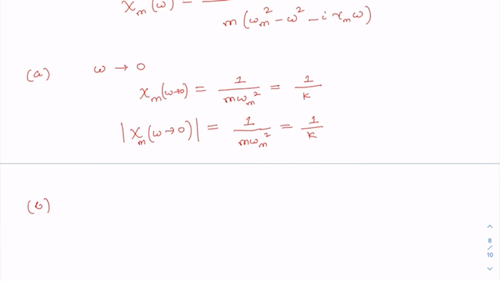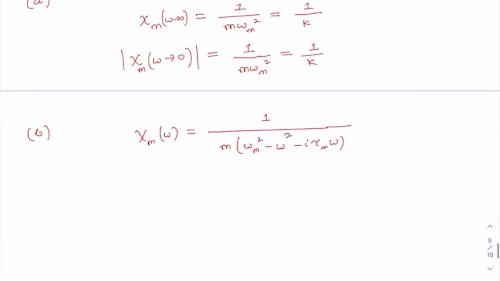To do this, first of all, let me simplify this expression, because I have to work out the modulus. Okay, let me do it. Chi m of omega is equal to 1 divided by, I have m into omega m square minus omega square minus i gamma m omega. So if I want to find out the modulus, first of all, let me find out chi m of omega mod square.